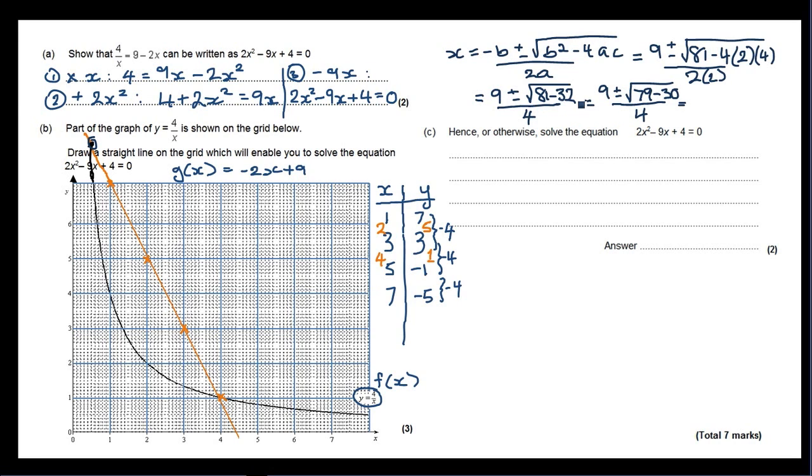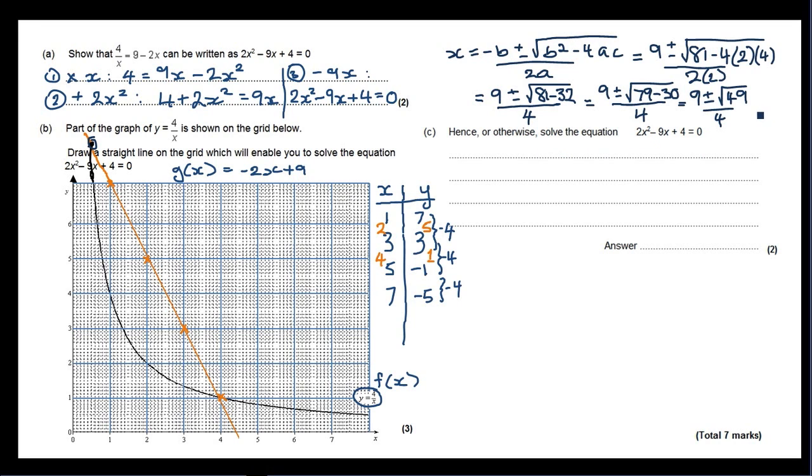And 79 subtract 30 is much easier than 81 subtract 32, and it gives us an answer of 49. So we're going to have 9 plus or minus the square root of 49. I am tired this morning. And that's going to work out really nicely.